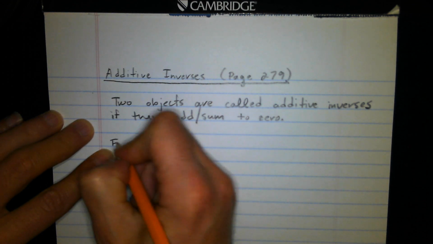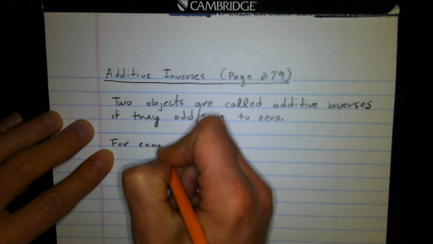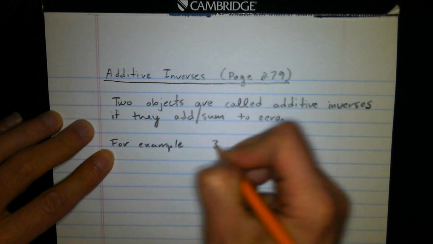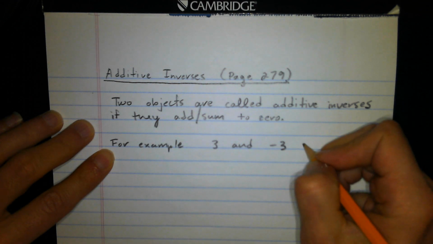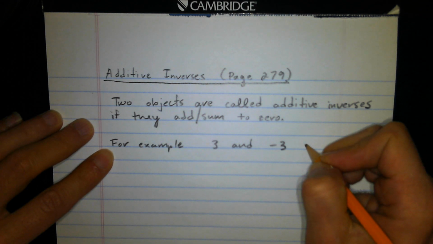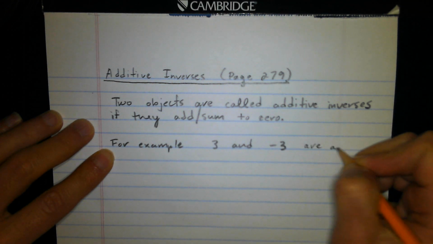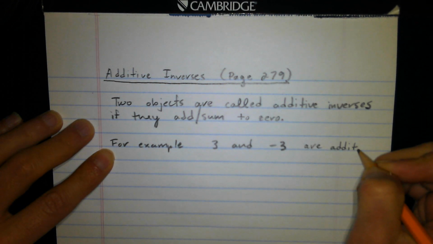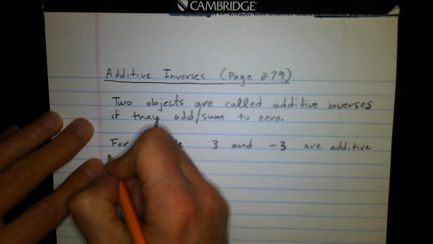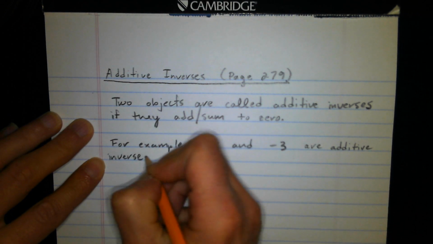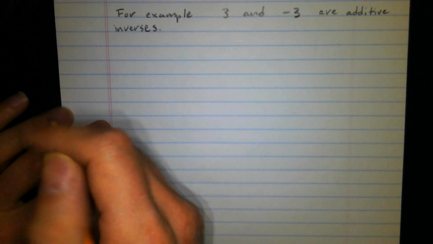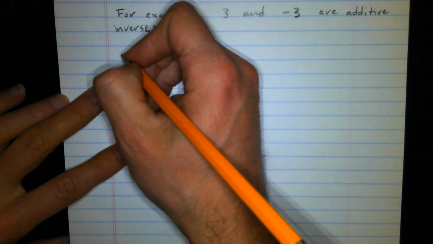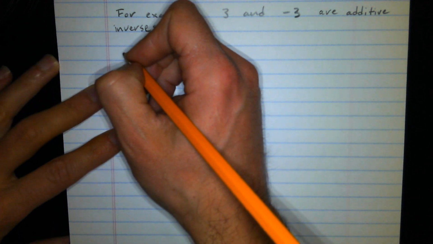Okay, so for example, 3 and minus 3 are additive inverses for obvious reasons, since they add to 0. Okay, now, next, what are the properties of these additive inverses?